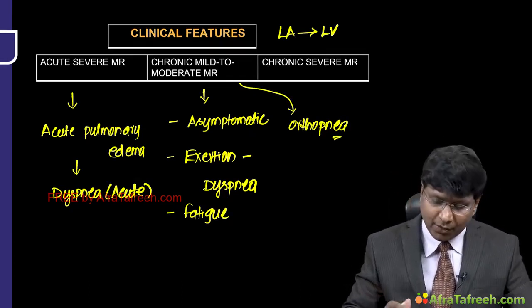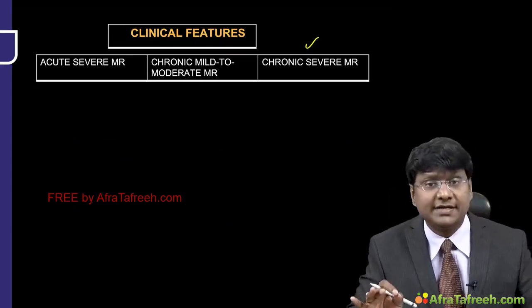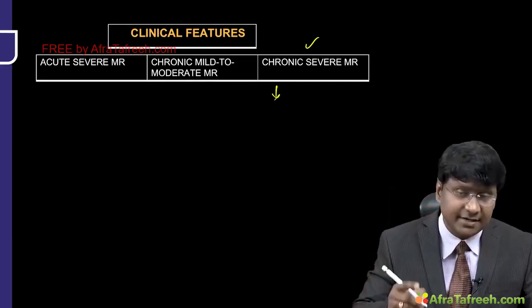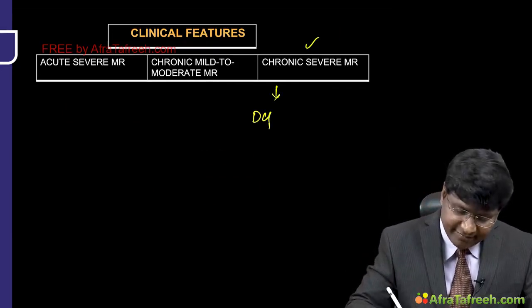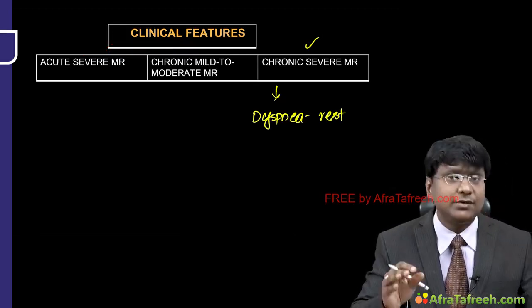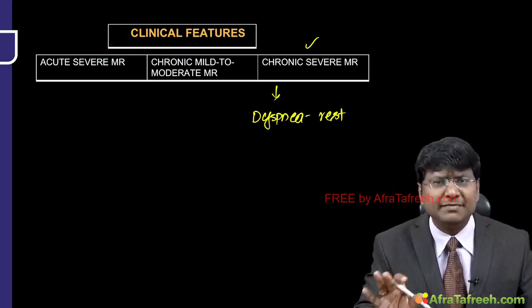Okay, now take the case of chronic severe MR. In chronic severe MR, please remember, these patients will develop dyspnea at rest, or the individual will have the development of dyspnea with minimal exertion.